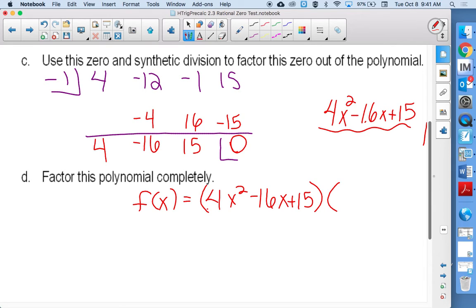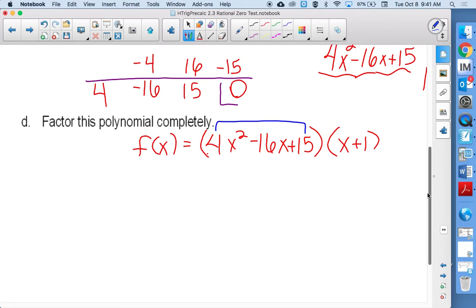We also use the negative 1, so as a factor that turns into an x plus 1. This is something we know how to factor because we have AC grouping. So factor this, taking 4 times 15, which is 60.